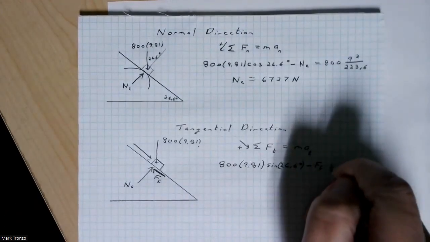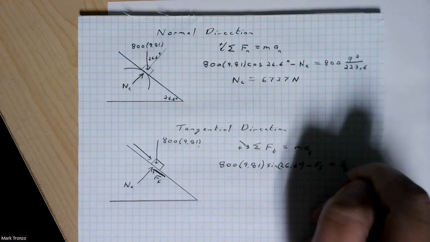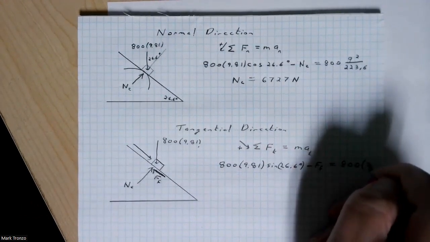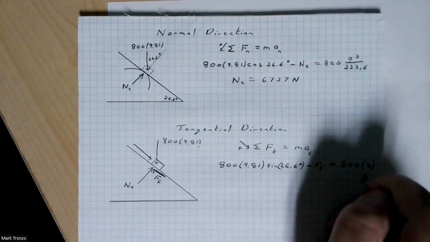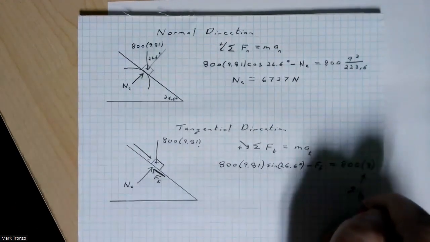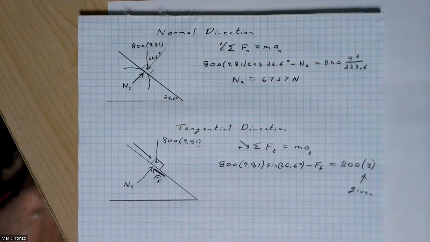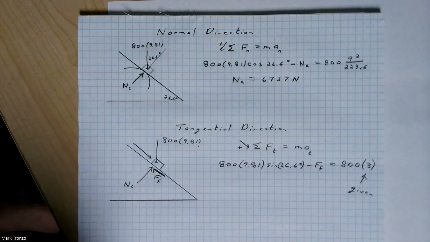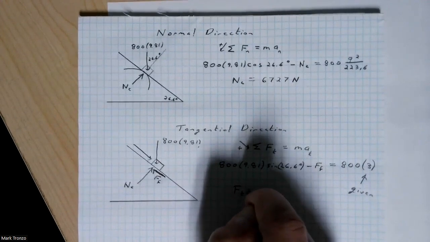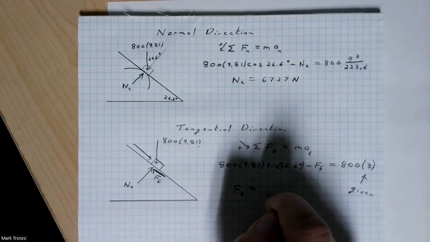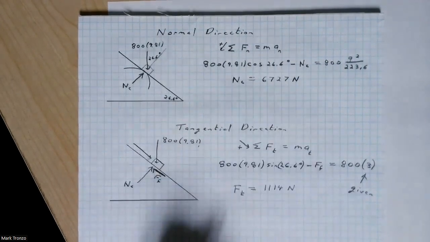This is going to be equal to the mass, which was 800, times the tangential acceleration, which was 3. This was given. If you put all that in your calculator, you get 1114 newtons.